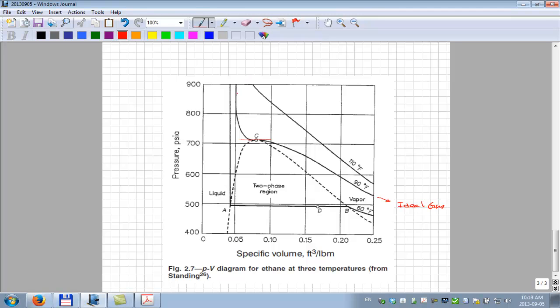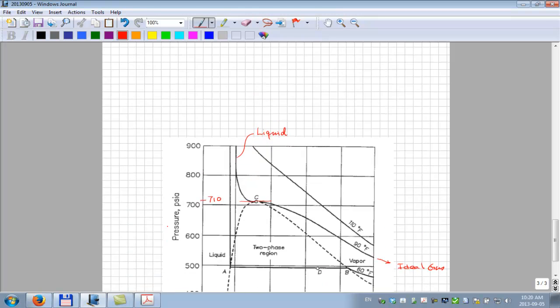In this region here, clearly it's behaving like a very slightly compressible liquid because it has such an abrupt derivative. Here the critical pressure of ethane must be around 710 psia, and the density down here about 0.075 pounds per cubic foot. So this is just an example from the book related to that.